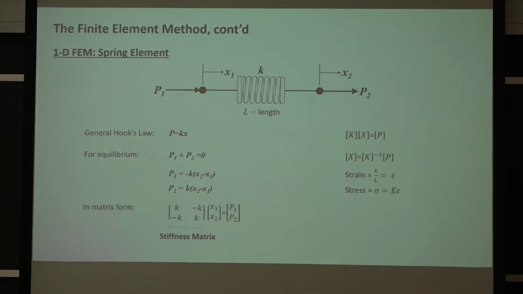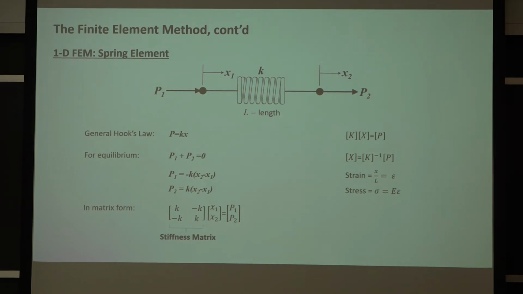Through drawing the free body diagram of this spring and the nodes around it, you can come up with the equations shown here, P1 and P2. From that, you can write out a stiffness matrix K. We're just taking those two equations and putting them in vector form. We're going to use linear algebra to solve it. In this case, you can't actually solve it, but don't worry about that for now.